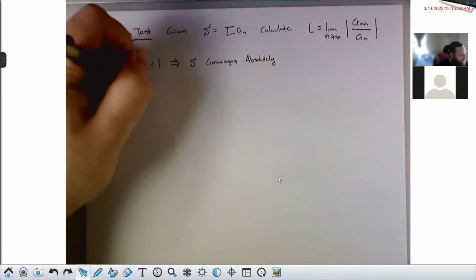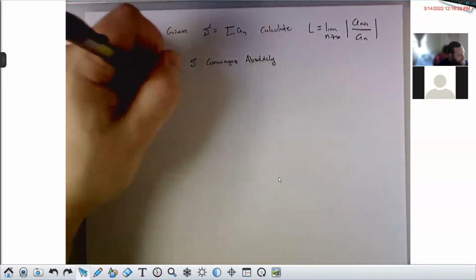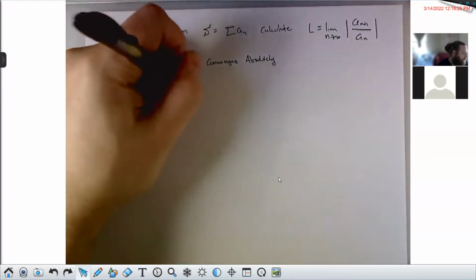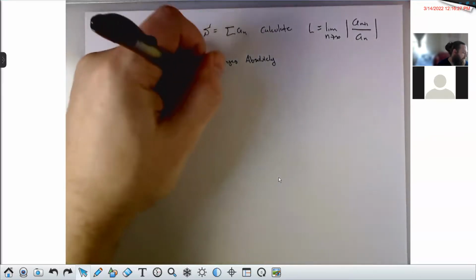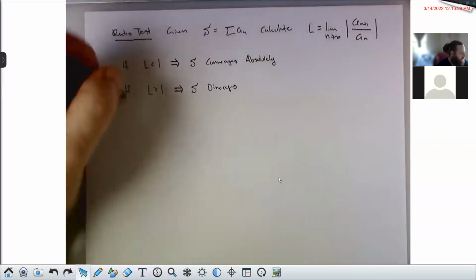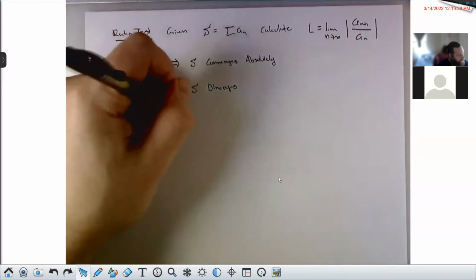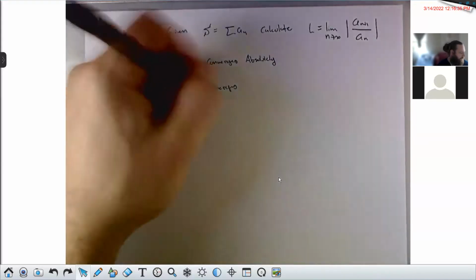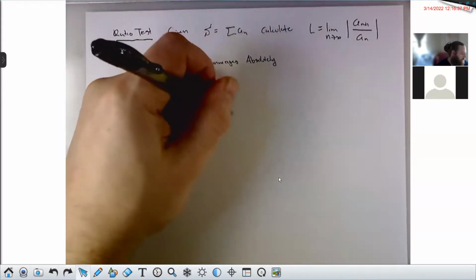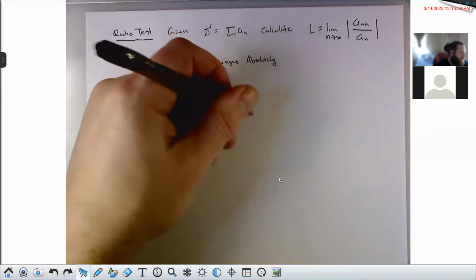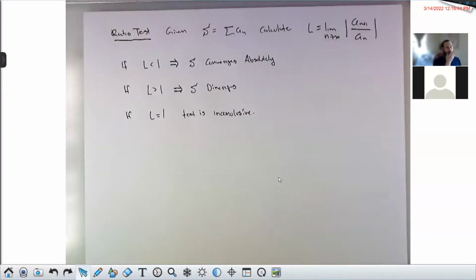If L is bigger than 1, then the series S diverges. And if L is equal to 1, then the test is inconclusive. I'm not going to go through a proof of the ratio test. It's similar to the proof of the root test. It's not going to teach us anything special or magical.